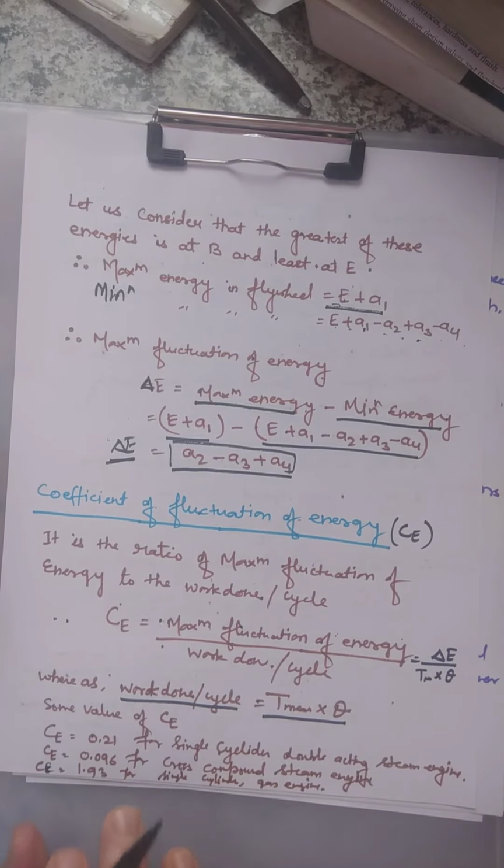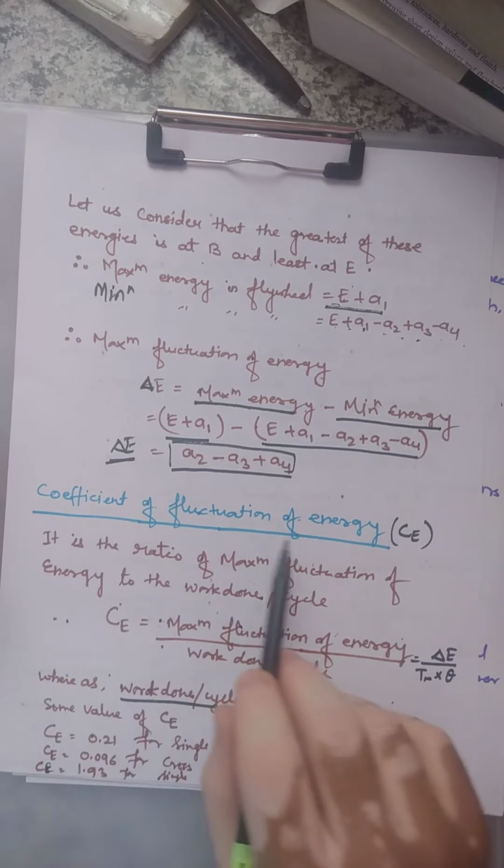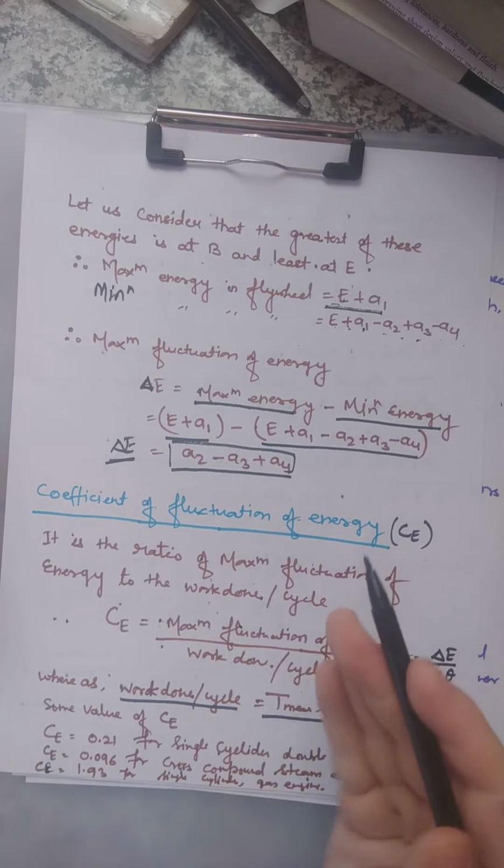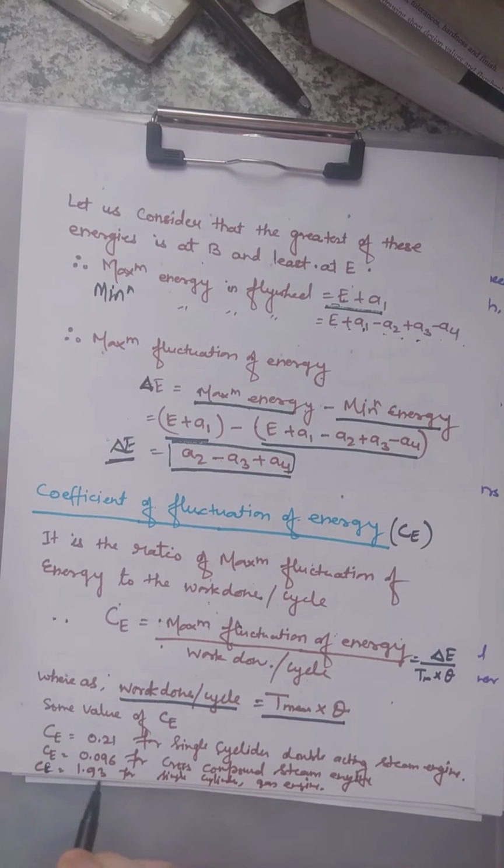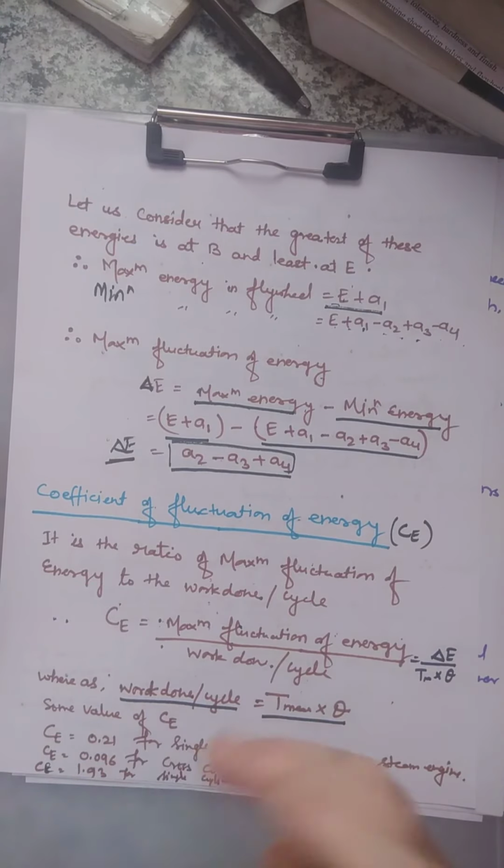That means if the value of C is high, then we need a flywheel, and it is very important to use a flywheel. If the coefficient of fluctuation of energy is very high, we always need a bigger flywheel.